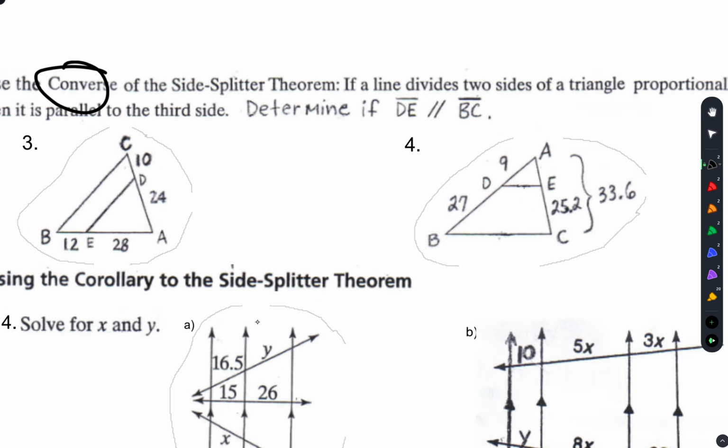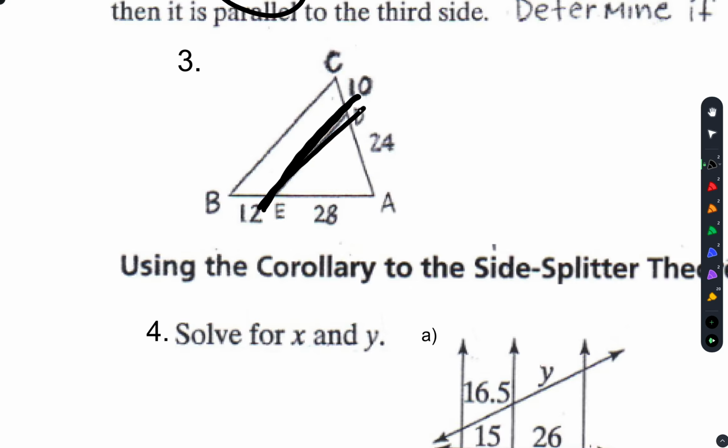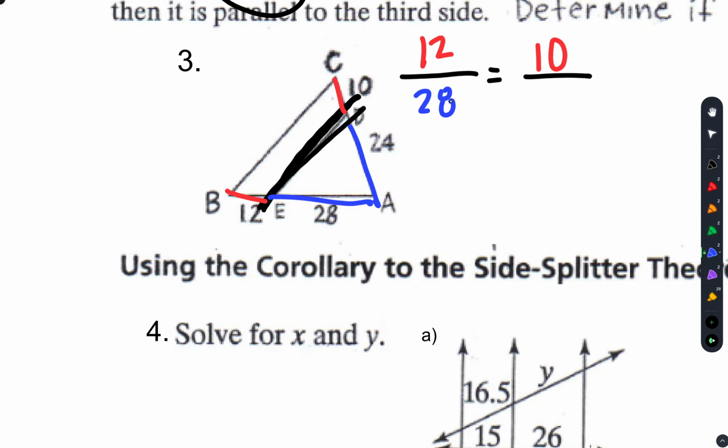So, if I take a look at number 3, again, that line DE is acting as that fraction bar. So I'm going to set up my proportion and see if those things really are proportional or not. So I'm going to set up 12 and 10. I'm going to set up 28 and 24.